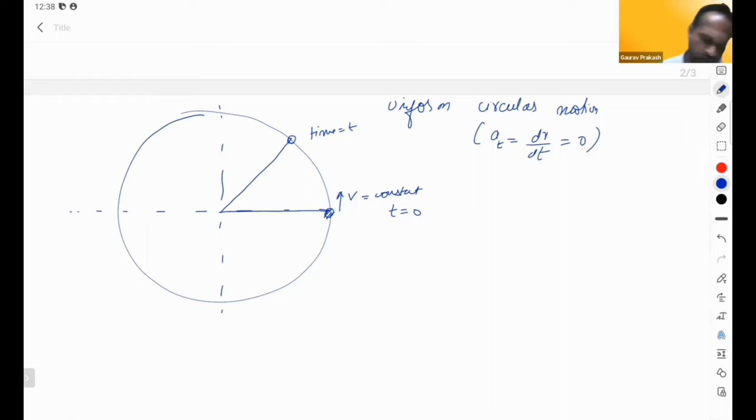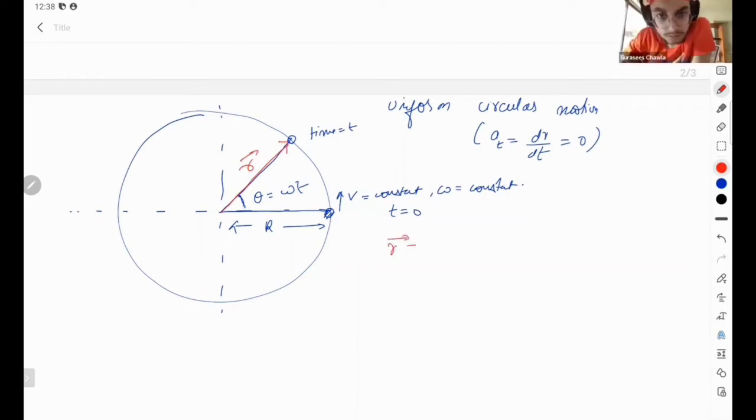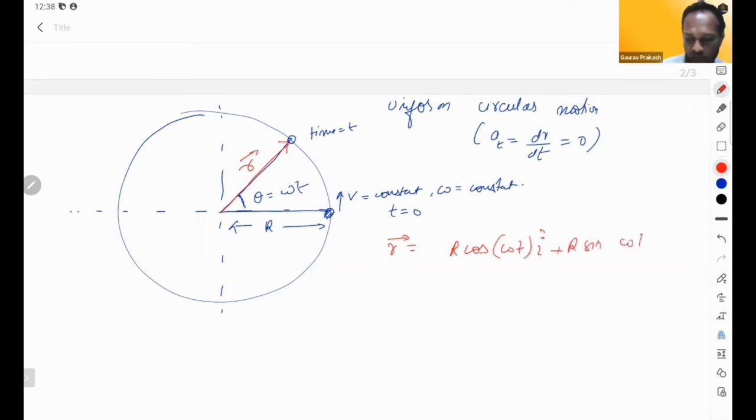Fine. So v is constant. I can also say omega is constant if v is constant. So if this has covered an angle theta, theta can be written as omega t. If r is the radius of this circle, and I want to draw a position vector r of this particle at instant t, I can say that the position vector is r cos omega t i cap plus r sin omega t j cap.